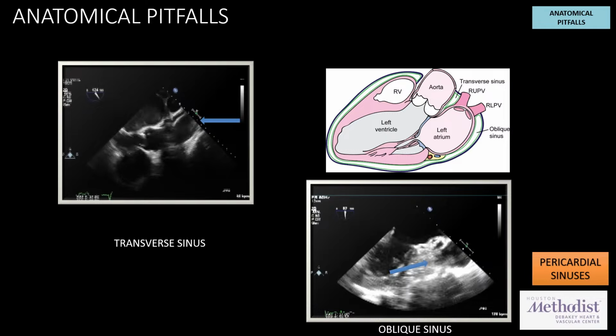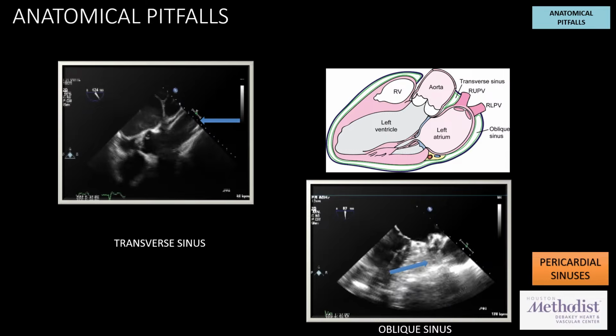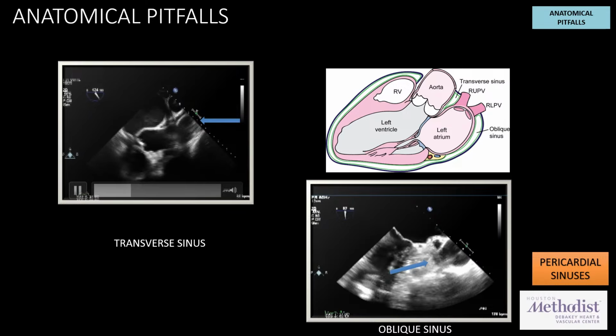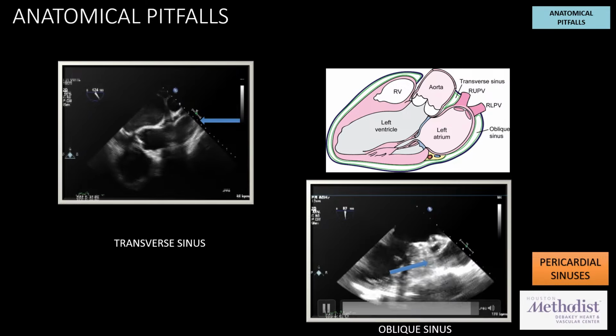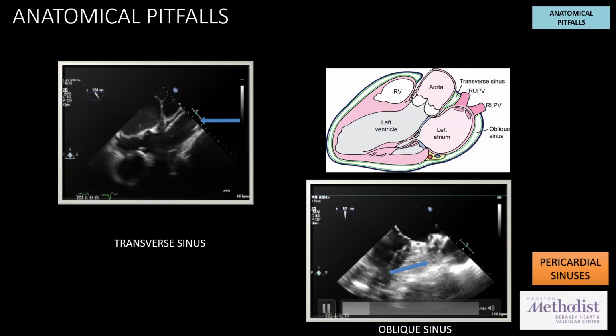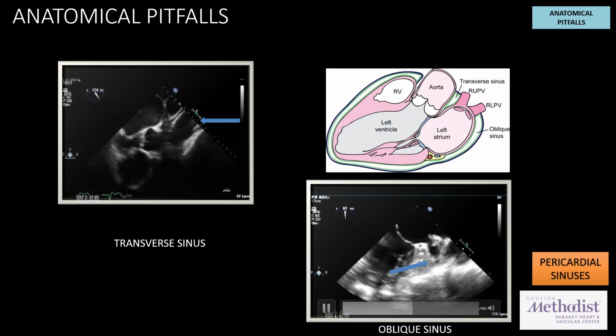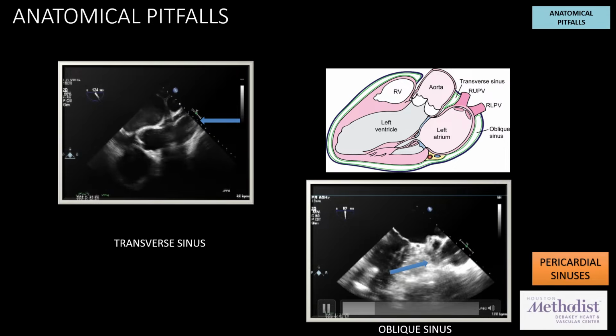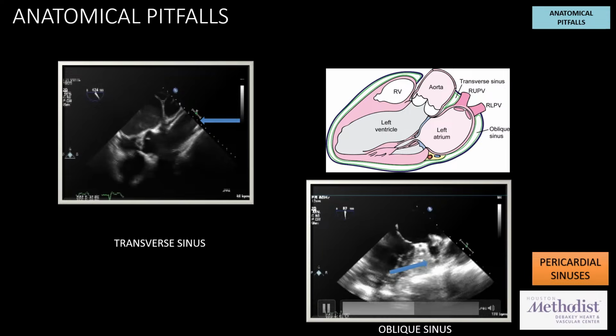The oblique sinus and the transverse sinus, right? The transverse sinus is mainly located between the aorta and the pulmonary artery, and the oblique sinus is behind the left atrial appendage, often prominently seen when there is fluid around the heart, like in pericardial effusions, right? In those situations, you can see these sinuses more often.